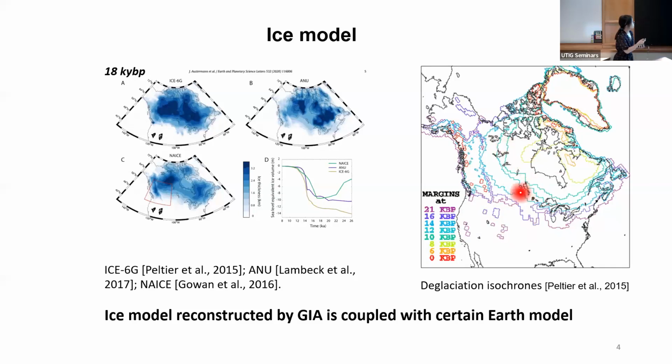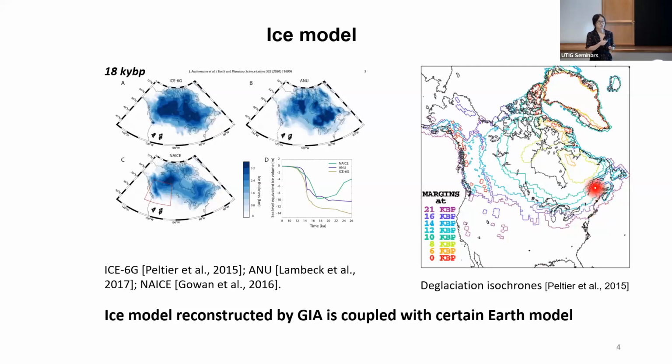The whole ice sheet in North America is gone around 8,000 years ago. This kind of ice margin we can know from geological events, but for the ice height above those regions, how can we reconstruct it? We can have some scattered geological samples here or there.